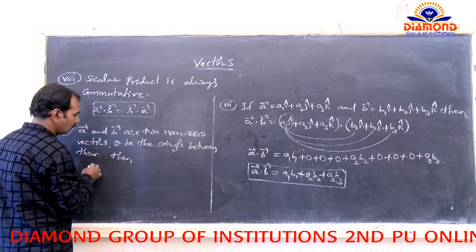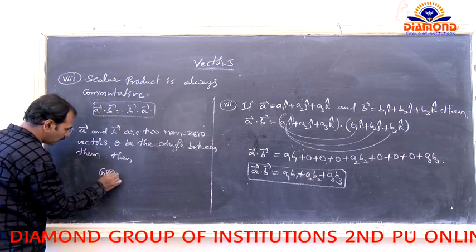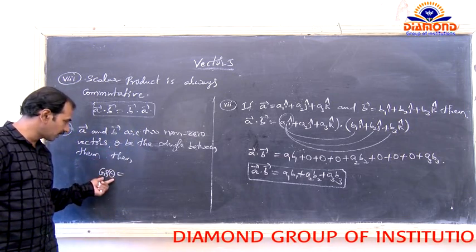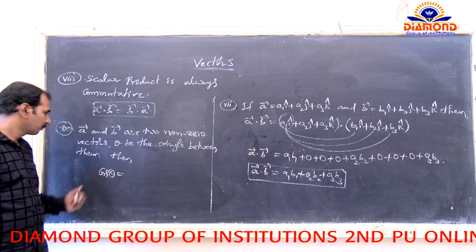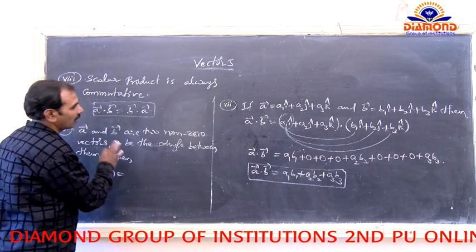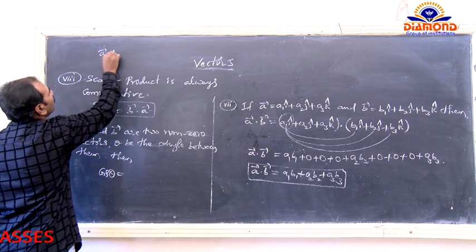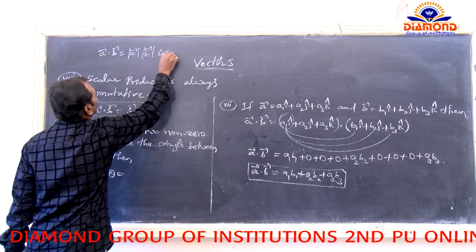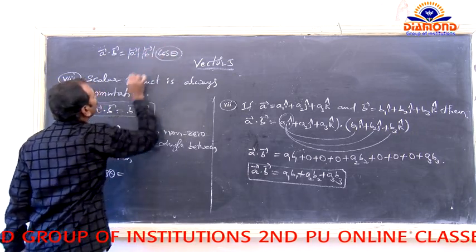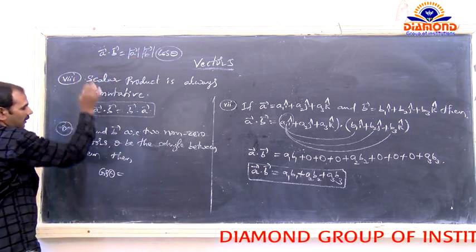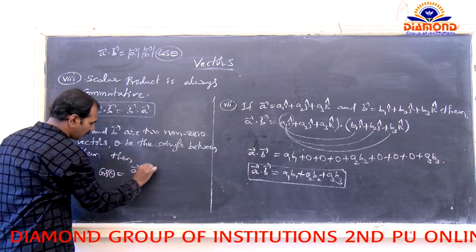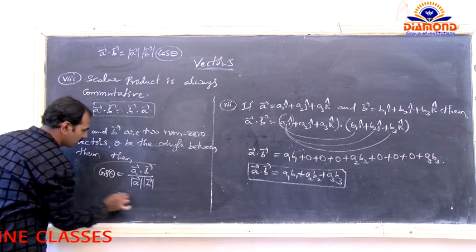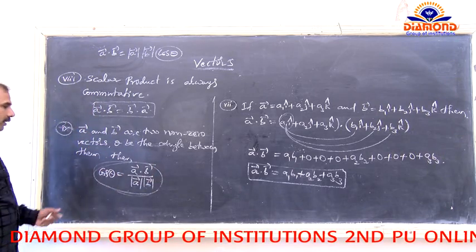Then, from the formula we already know, A vector dot B vector equals magnitude of A times magnitude of B times cos theta. So cos theta equals A vector dot B vector divided by magnitude of A times magnitude of B. This is the angle between two vectors.